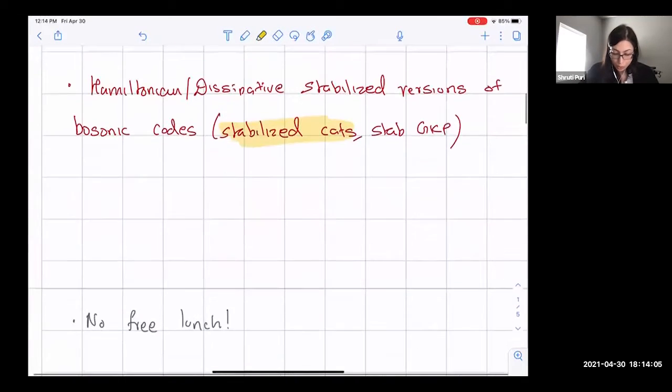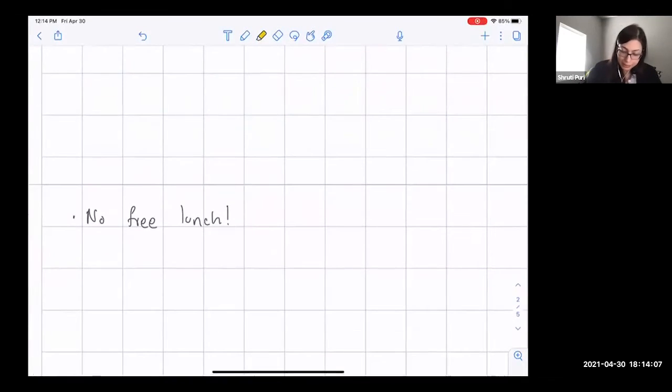Okay, so now we come to the most important aspect that I was telling you about before. The most important principle is there's no free lunch. I think that's the most important principle in the world. And similarly for these bosonic codes, even though I'm telling you that there are codes which have n equal to k equal to 1, so they're supposed to be very hardware efficient, in reality, it's very, very hard to actually make these codes work with n equal to k equal to 1.